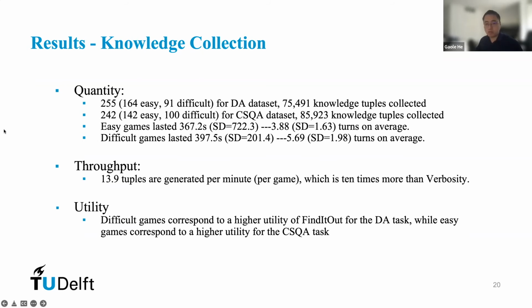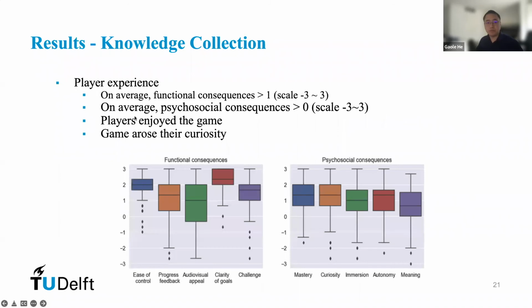We also observe that the difficult games correspond to a high utility for the discriminative attribute task, while easy games correspond to a high utility for the commonsense question answering dataset. For more details about the knowledge collection evaluation, please refer to our paper.